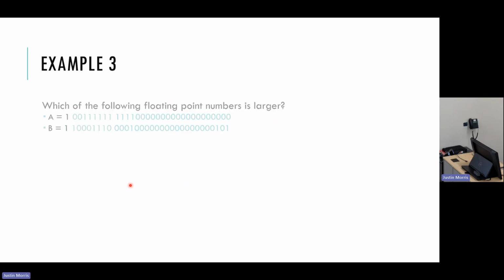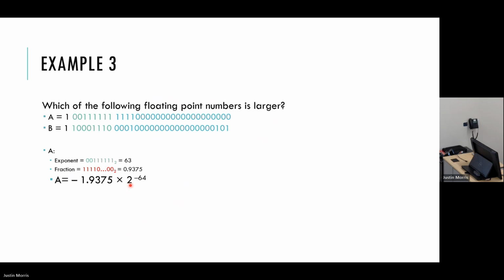So here is example 3. Which one of these numbers is larger? They're both negative, right? So for A, the exponent is 63.